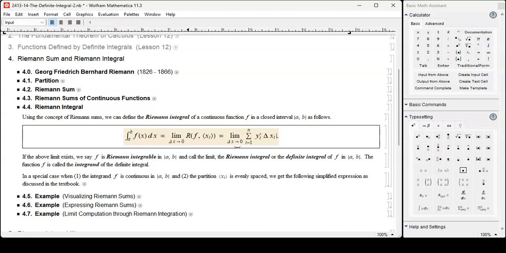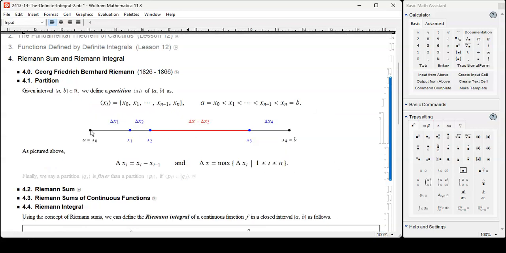So if delta x goes to 0, then n certainly goes to infinity. But not vice versa. n going to infinity does not necessarily mean delta x going down to 0 for uneven intervals, you see. You may have some gazillions of points here and also there, and you can keep this red one the same so that delta x does not go down to 0. You can consider those kinds of arbitrary examples.